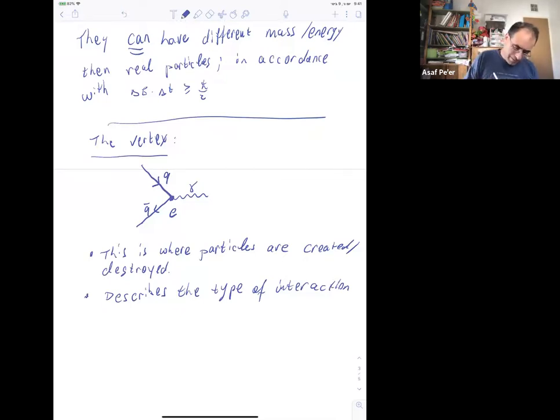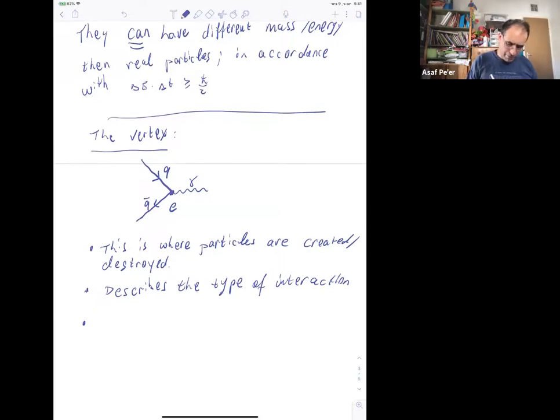One of the most key features of the vertex is that it enforces all the conservation laws relevant for the interaction. So all the quantum numbers that enter the vertex are equal to the quantum numbers that leave the vertex. Momentum, generation, whatever.